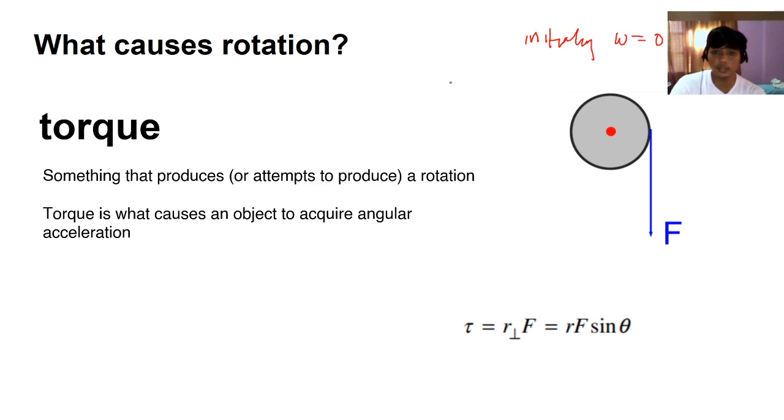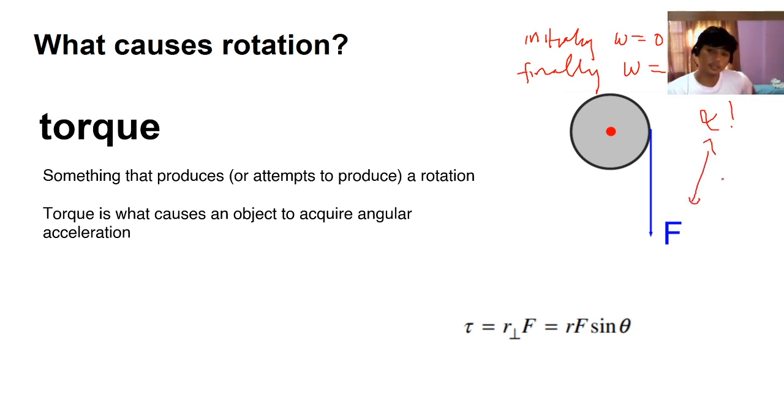But when the force is applied, finally we have maybe, I don't know, 2 radians per second. So there is an acceleration, right? So the force caused the angular acceleration.